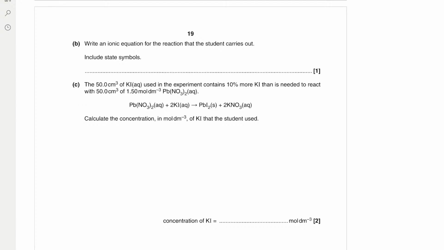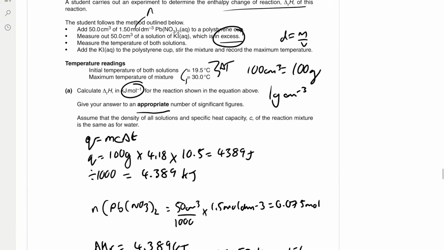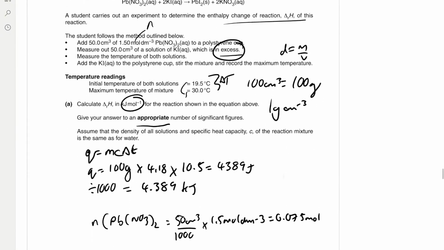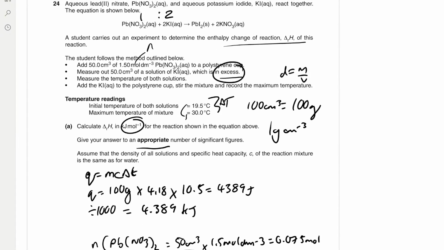Write an ionic equation for the reaction that the student carried out. So, our ionic equation is going to be, well, let's see what ions we've got, and then we can work it out from that.